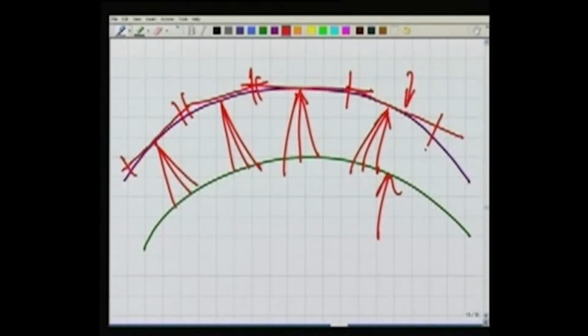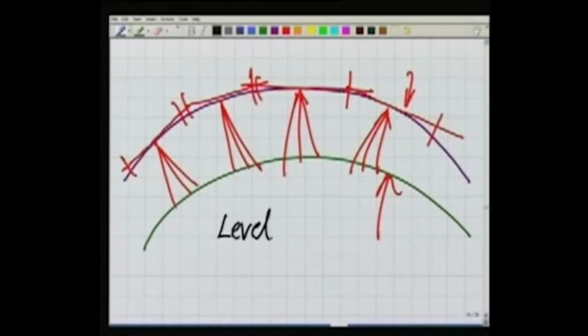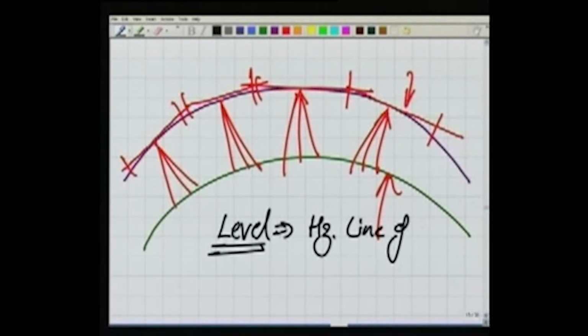So this is actually the principle of leveling, by which even if we are using a level, which gives you a horizontal line of sight, still using this level we can determine the RLs of points from mean sea level.